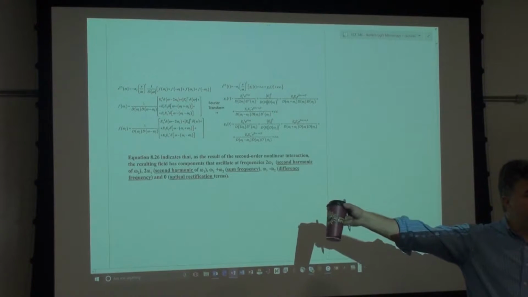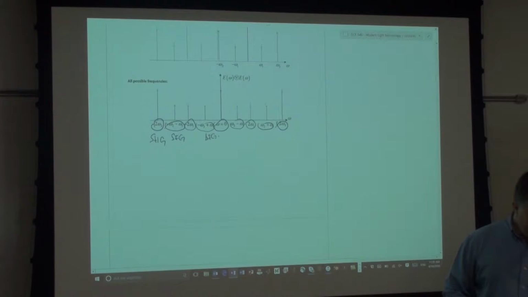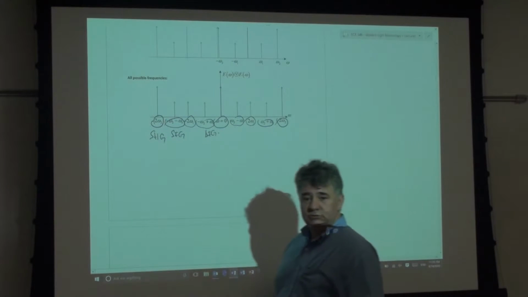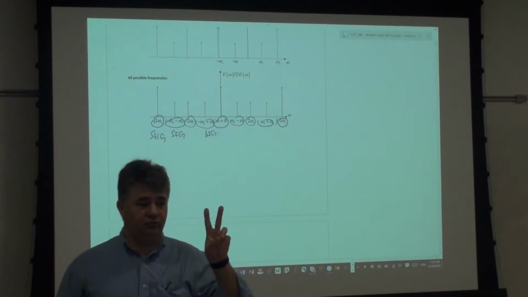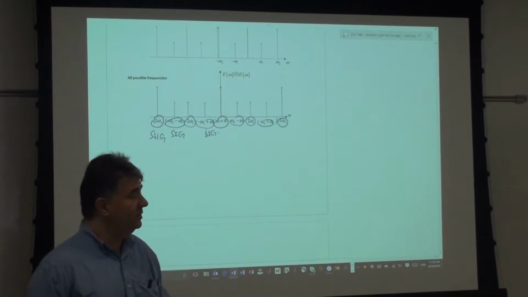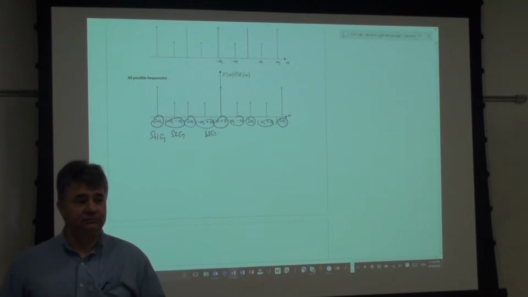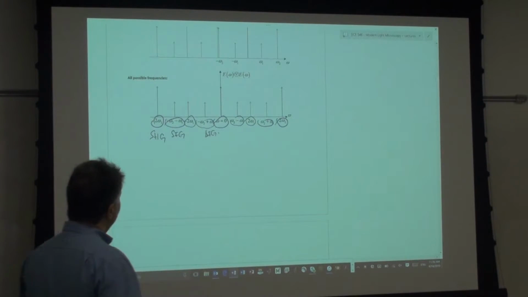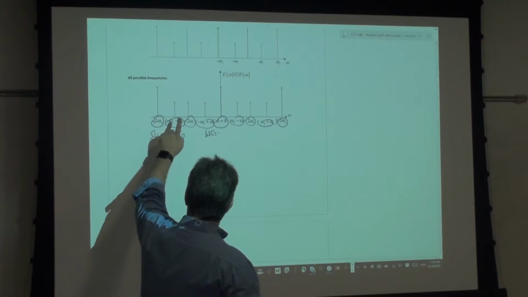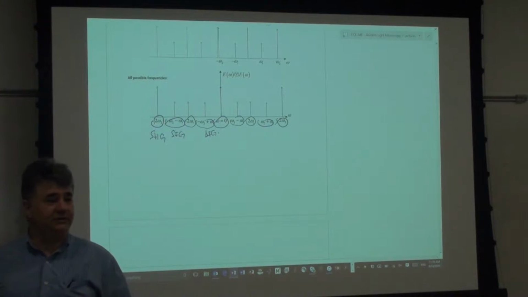What does that give us? The fact that I get these types of frequencies out. I start with two monochromatic fields, I pass them through this crystal, and I end up with 9 different terms. Well, divide by 2. So I get 3 different phenomena, let's say. Forget the DC.